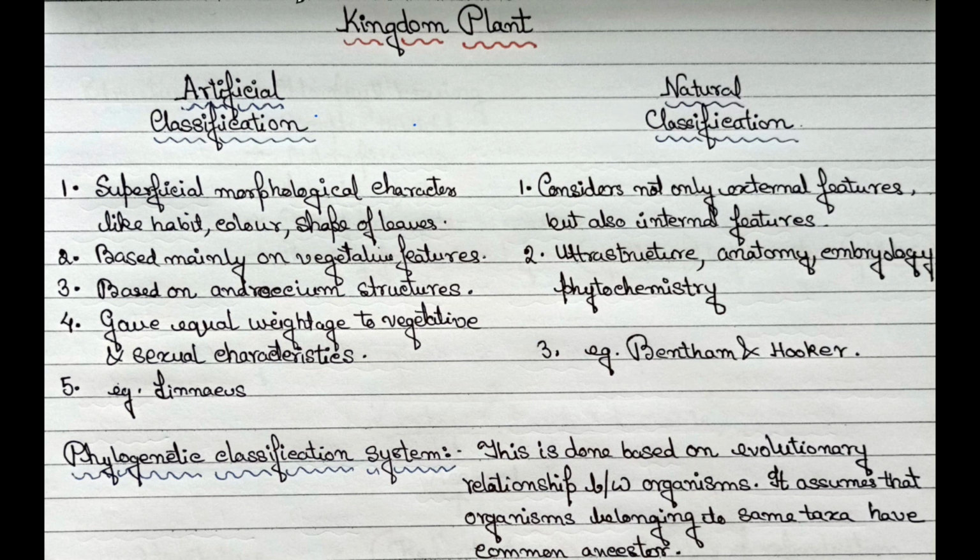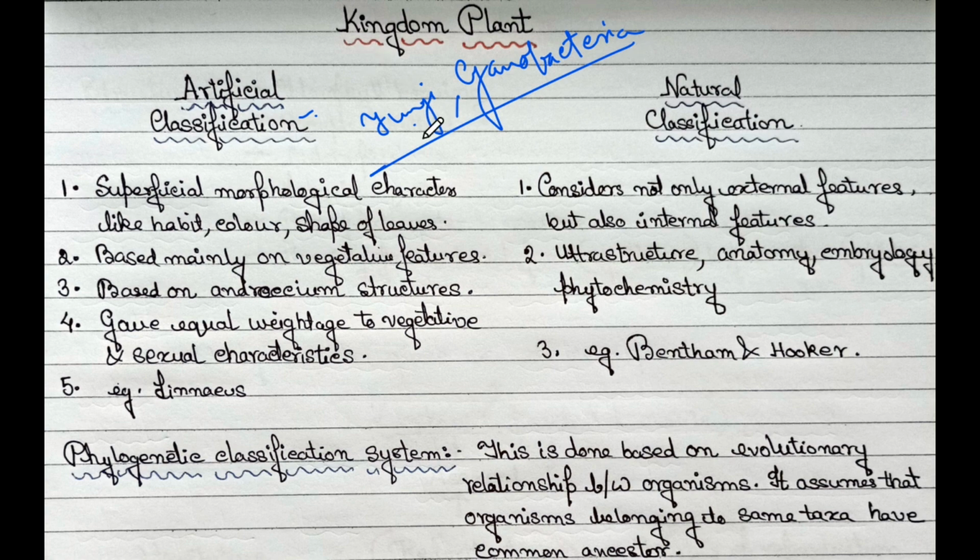Till now we know that under kingdom plantae we had fungi, cyanobacteria and other unicellular organisms, and those were kept under kingdom plantae since the method of classification was artificial classification.